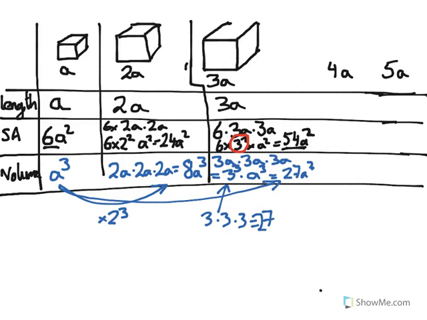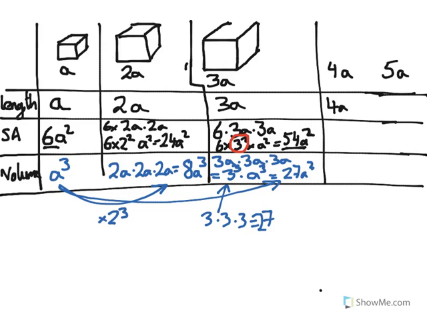And this is an important concept because we're only actually multiplying the length by 3, but we are getting a volume that is 3 cubed larger, 3 times 3 times 3, which is 27 times larger. So what would we expect then when it got to 4 cubed? Well, the length here is 4A.